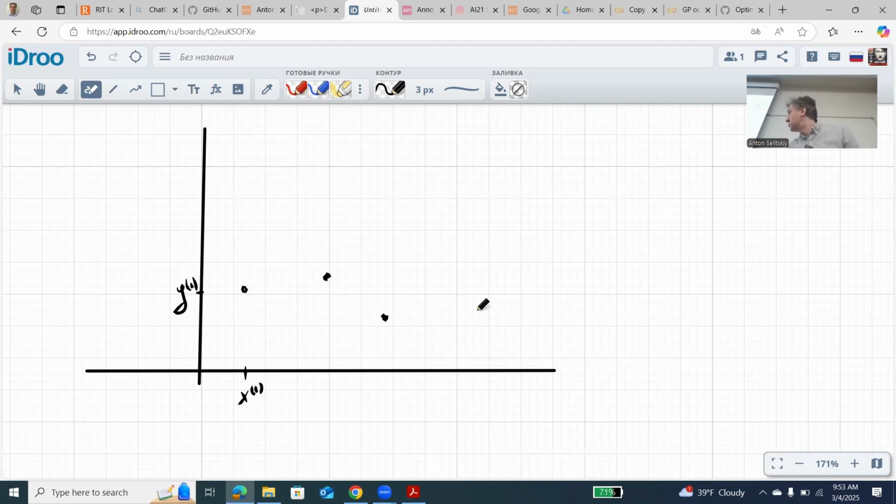And we want to use a decision tree to get the value at an arbitrary point x. So let's think about how we can build, for example, a decision stump, the tree of depth 1.